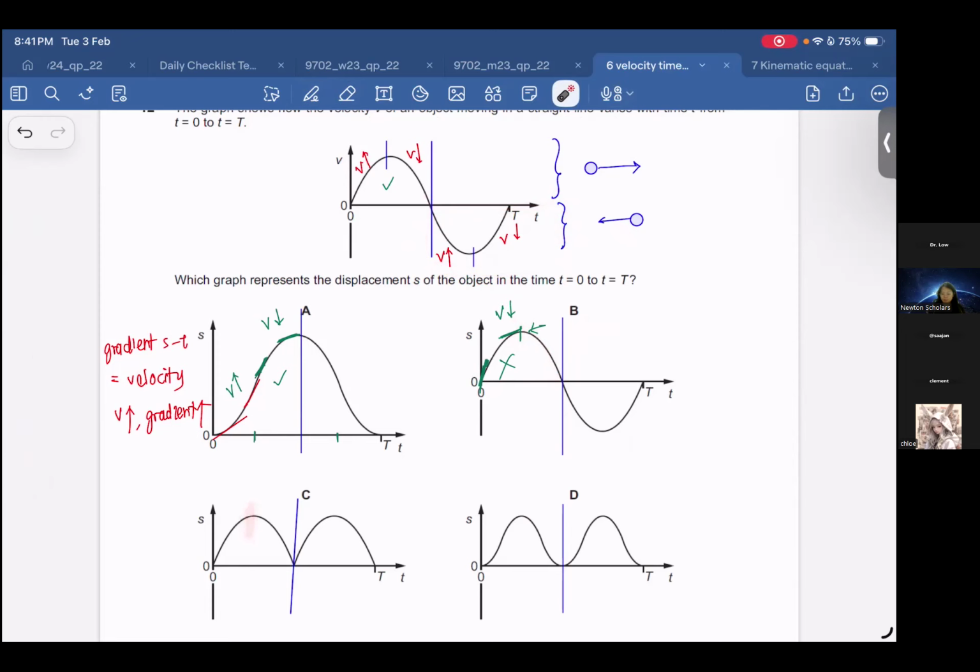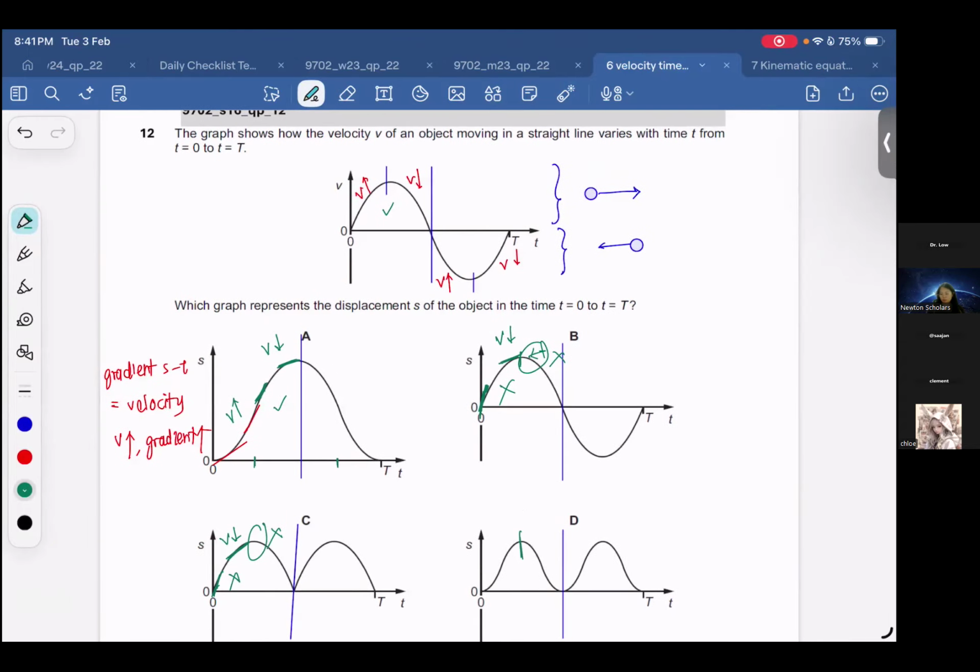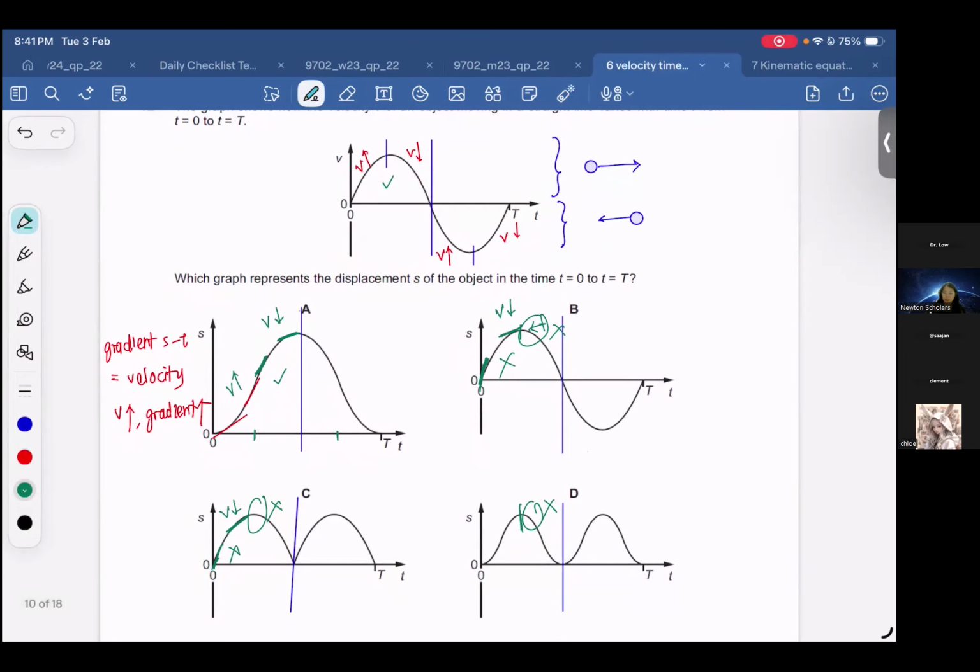C is also the same. If you draw the gradient here, the velocity should be decreased, but this is wrong. And somemore here it already starts to move backwards, so wrong. Then this one also the same. Starting from here it already moves backward, wrong. The only answer is A.